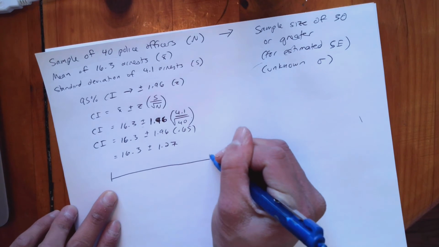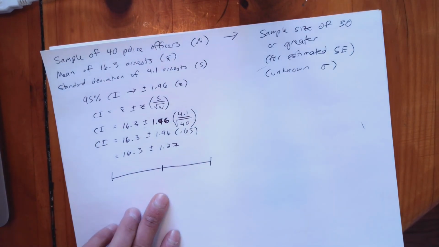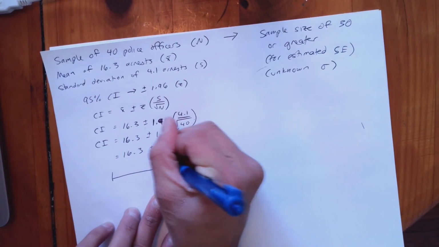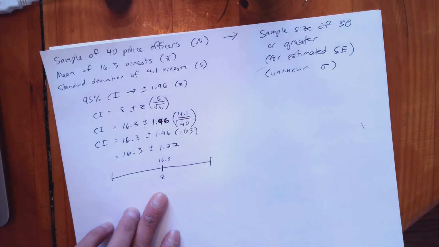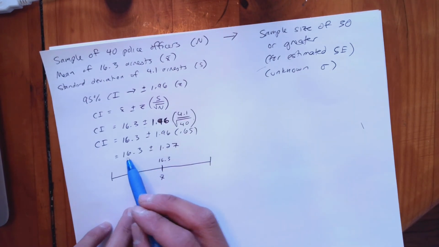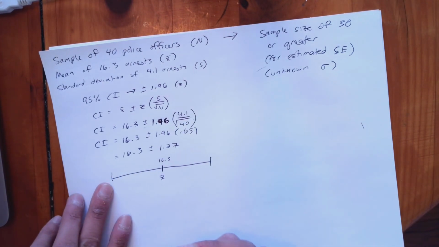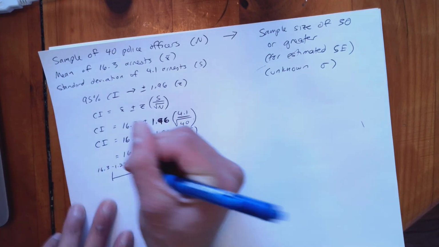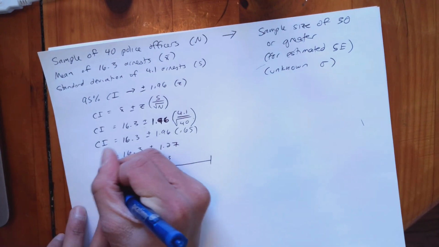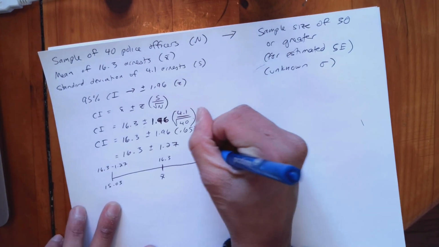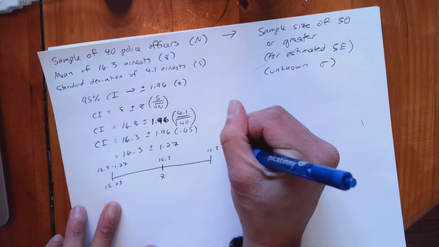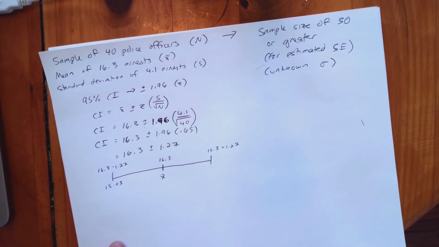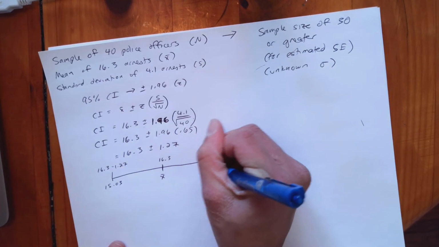So this gives us the same kind of answer that we had before, where we have our best estimate here, which is our point estimate, which is 16.3. Now we're going to take 16.3 minus 1.27 for our low estimate, which gives us 15.03. And then we have 16.3 plus 1.27 for our upper limit of the interval, which gives us 17.57.